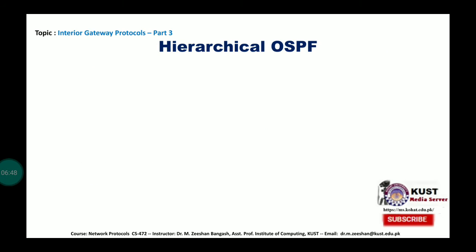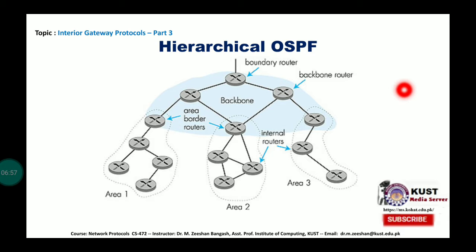Now about the hierarchical OSPF protocol. You can look into this diagram, where the whole network is comprised of different routers. However, when we examine these connected networks, we can categorize them into level 1, or area 1, then another area, area 2, and another area, area 3.